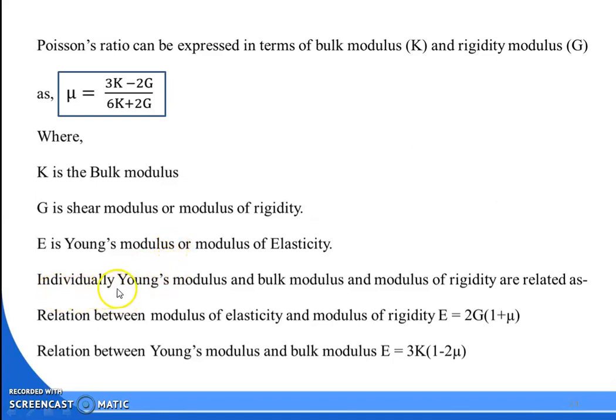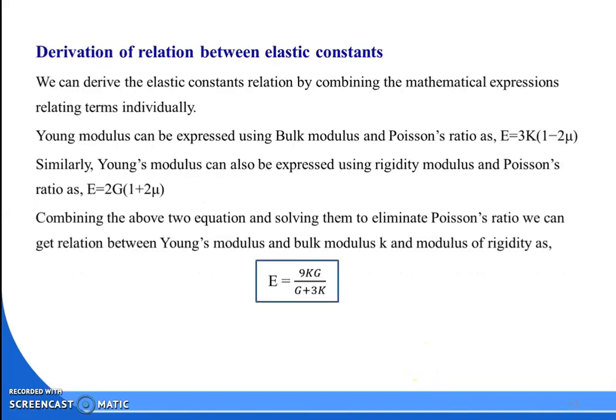Then individually, Young's modulus, bulk modulus and modulus of rigidity are related by this formula: capital E equals 2G into 1 plus mu, and another formula between capital E and bulk modulus: E equals 3K into 1 minus 2 mu.